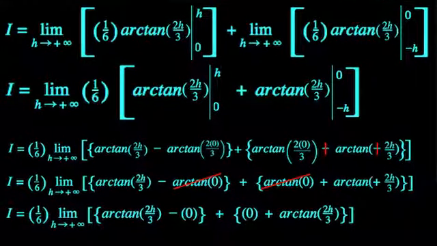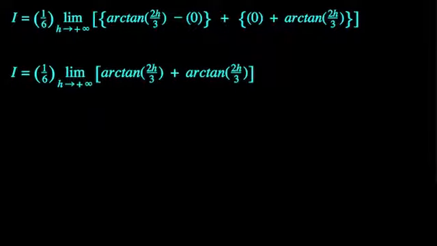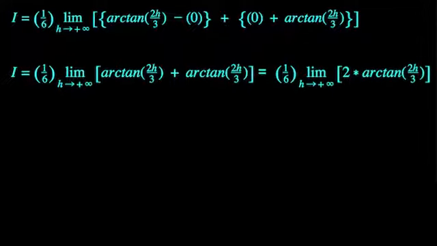So we're now left with two identical arctangent terms. And then let's get rid of the zeros, and from here we will combine these two terms and we'll have a 2 times arctangent of 2h over 3.